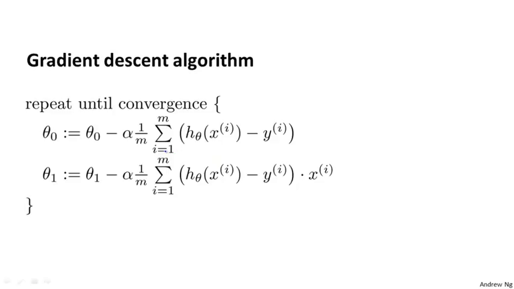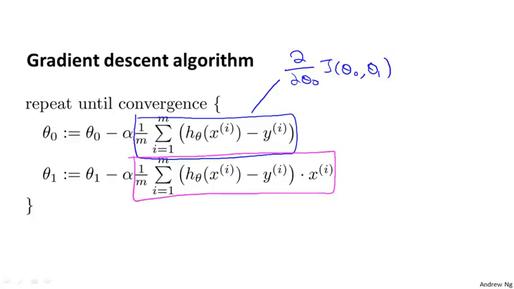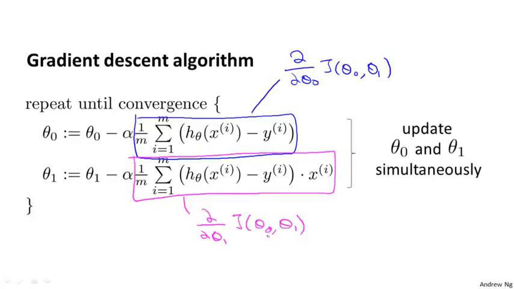This first term is just the partial derivative with respect to theta 0 that we worked out on the previous slide. And this second term is just the partial derivative with respect to theta 1 that we worked out on the previous slide. And just as a quick reminder, when implementing gradient descent, you should update theta 0 and theta 1 simultaneously.